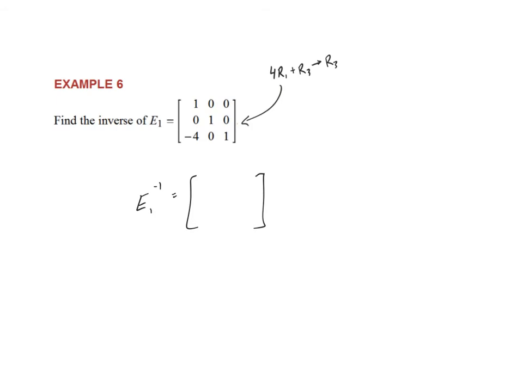That would get this to look like the identity, right? So if you perform that operation on the identity, what you get is 1, 0, 0, 0, 1, 0, 4, 0, 1. Okay? And that, according to the bullet point on the previous slide, is the inverse of E1. Okay, and you can verify that with some multiplication. Multiply them in both orders, and you will see that you produce the identity as a result.